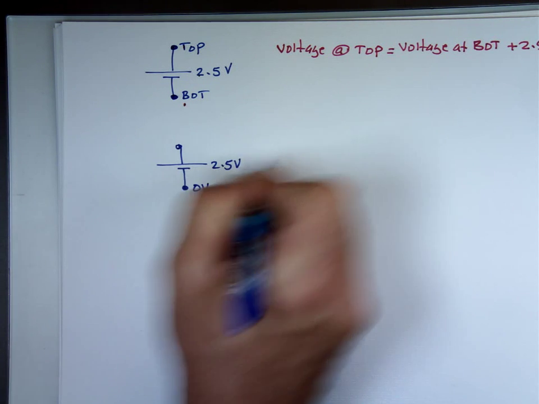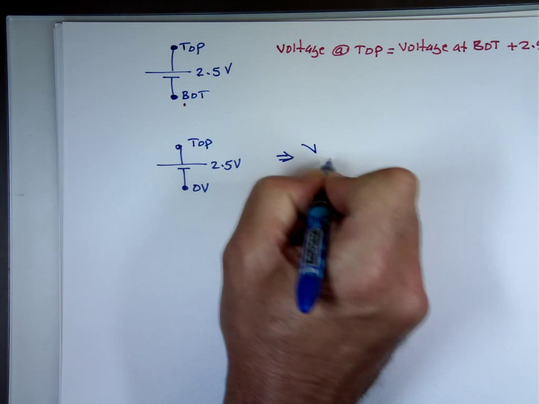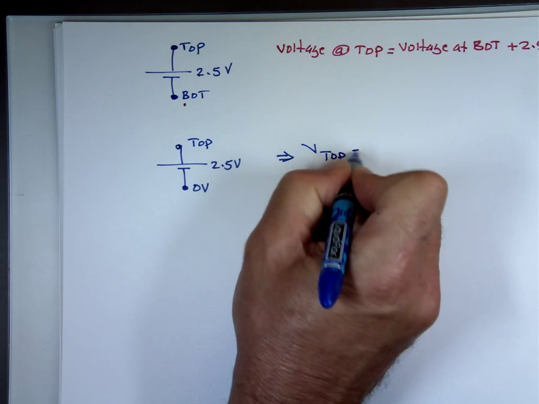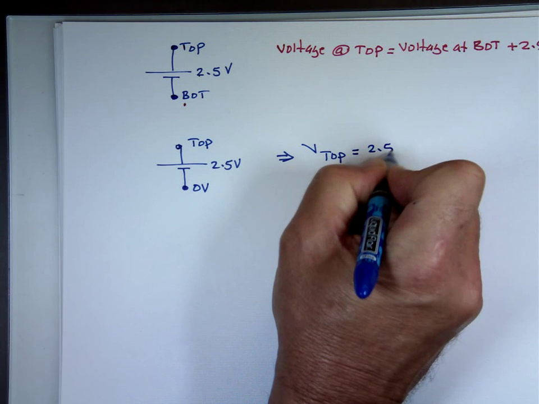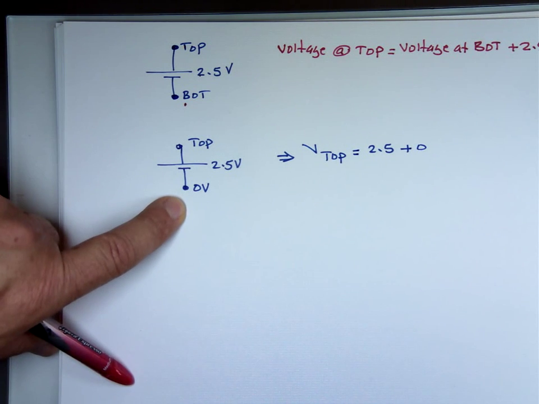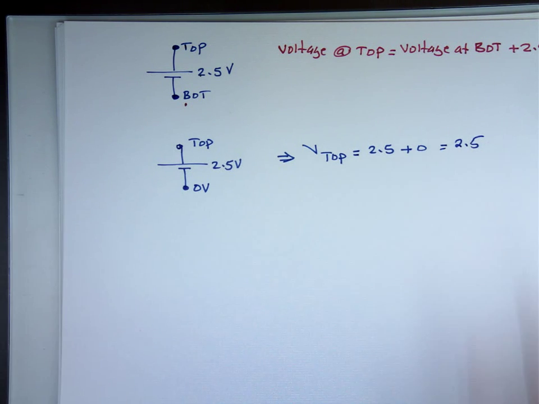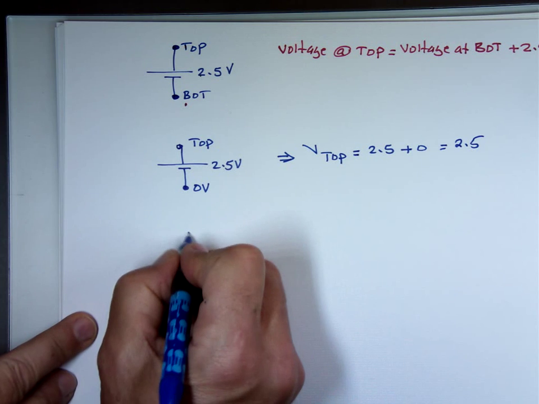The voltage at the top is equal to 2.5 higher than the bottom one, which is what? Positive 2.5. And when I said to Jordan, maybe you're right, maybe not.